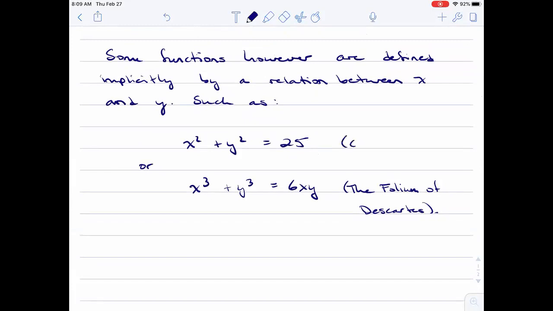And this is a circle with radius 5. So a lot of these implicit functions, we need them because they make up these nice shapes or patterns.